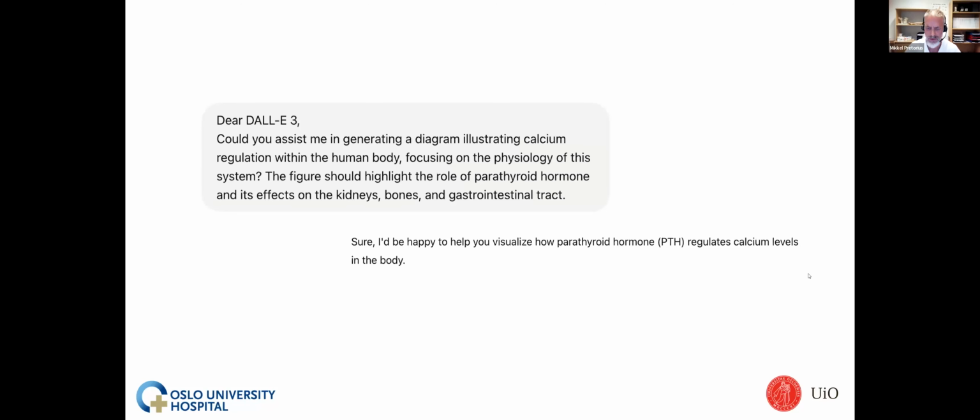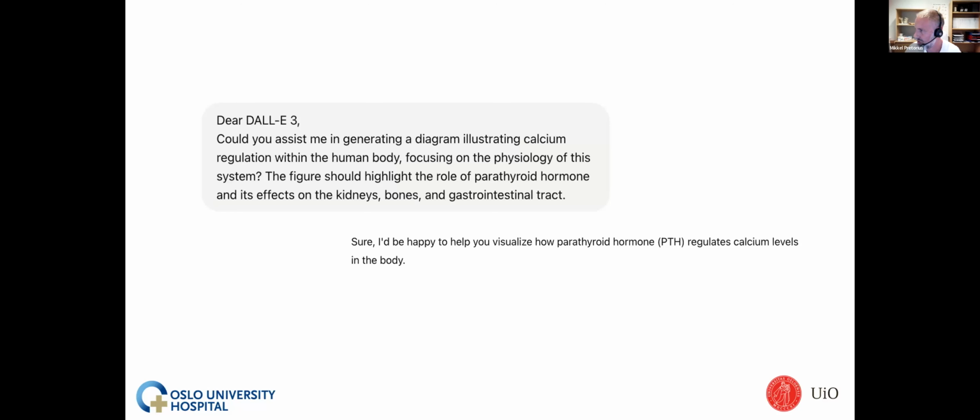I wrote to him in advance and asked him to get us a diagram to show how the calcium physiology and pathophysiology was in the human body. And he's very, very polite. So of course he answers, sure, I'd be happy to help you with this. And just within seconds, I'm presented with this really, really nice figure.